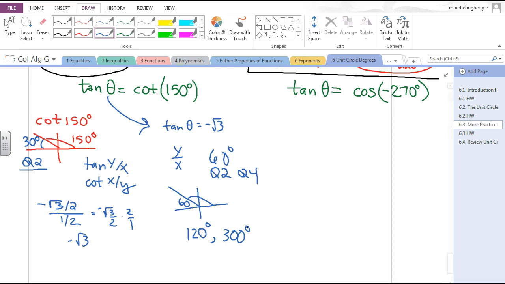Last one here. Tangent of theta equals cosine of negative 270.